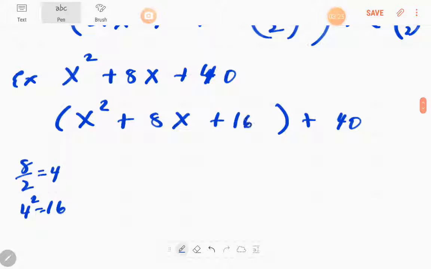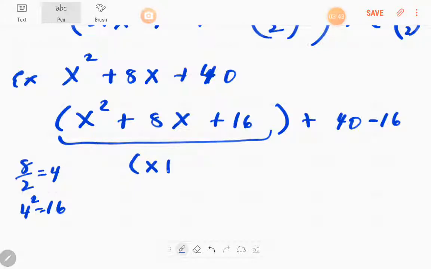So we add 16 here. So now if I'm adding 16, I have to take back out the 16 that I added. And here we have the completed square. So open parenthesis, x plus, the sign for the b is plus, and half of 8 is 4, squared. So (x + 4) squared would represent the x squared plus 8x plus 16. And then we have 40 minus 16, which is 24. So plus 24. Okay? So that's how we complete the square for this first example.